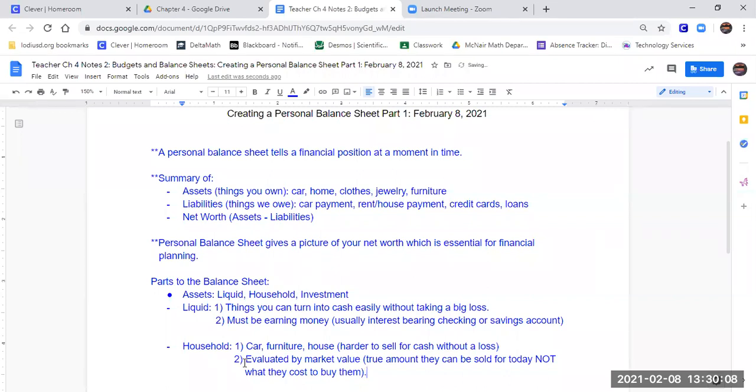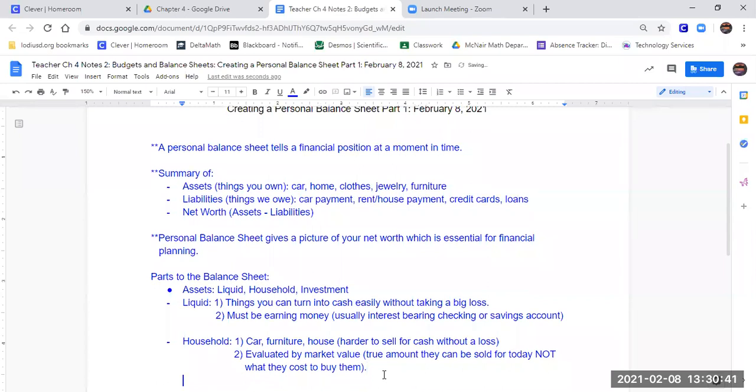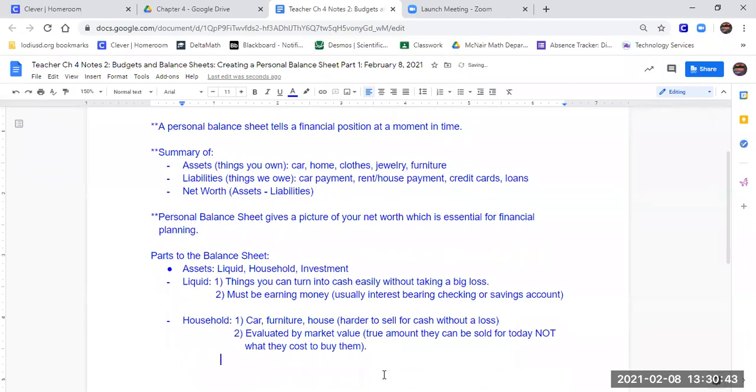So when you're looking on your balance sheet, for your liquid stuff, mostly you're looking at your checking and savings accounts. Sometimes you'll have other little accounts that can be turned into cash easily without a loss. Those you can put as is on the balance sheet. But our bigger things that we have to sell to somebody on the market, we have to evaluate.